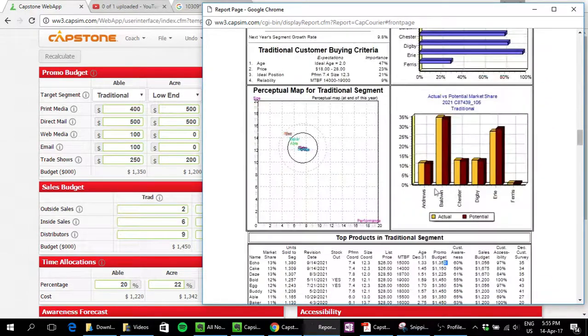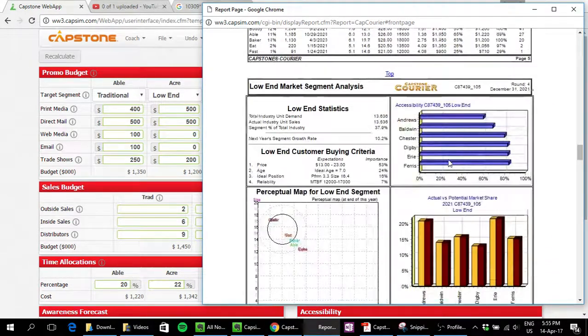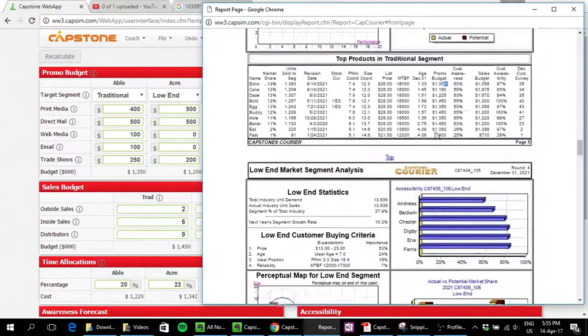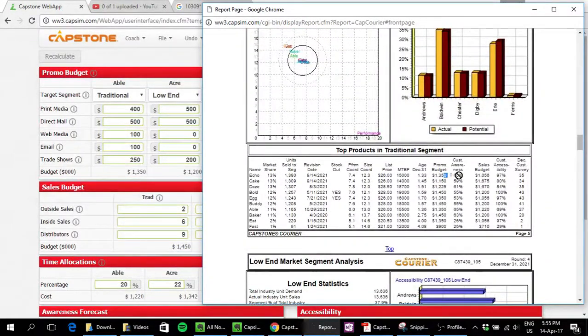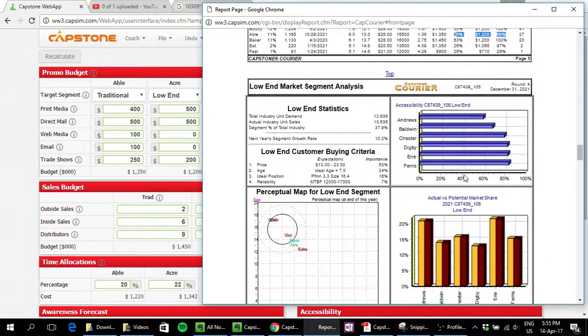For instance, for traditional, you have to make sure that your customer awareness and customer accessibility are comparable to your competitors. My traditional segment isn't doing so well because my customer awareness and accessibility are pretty low compared to my competitors.